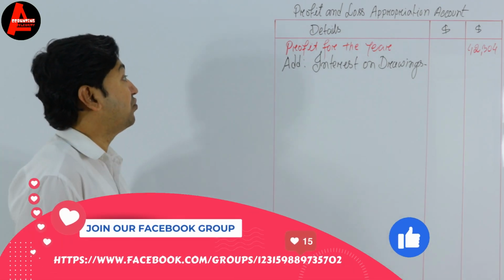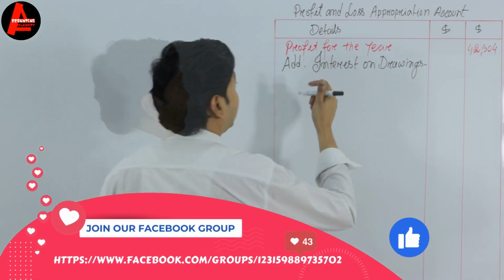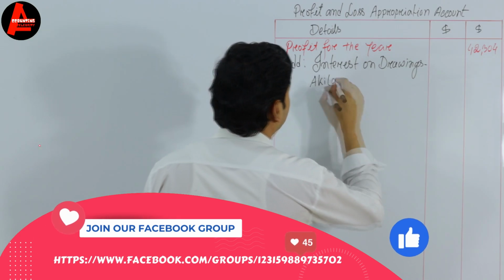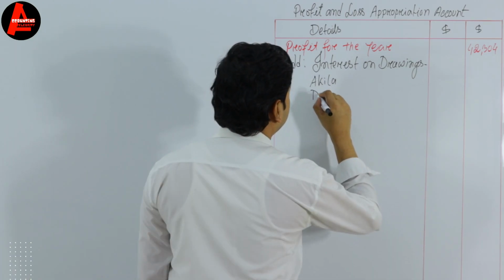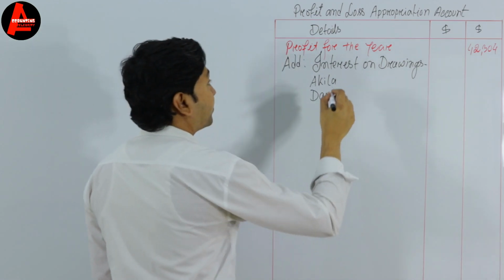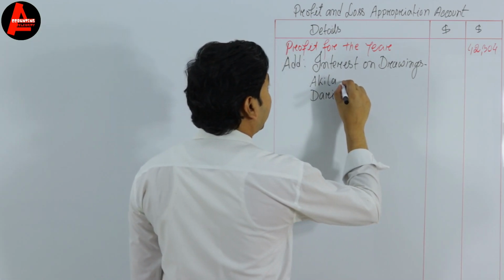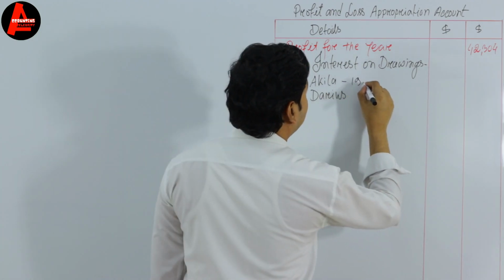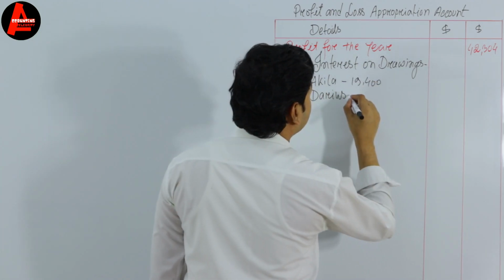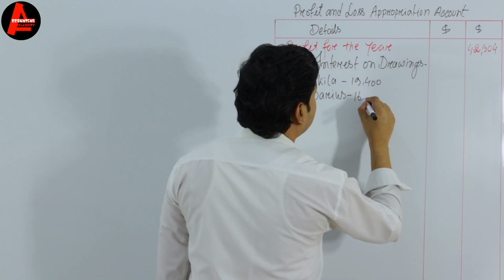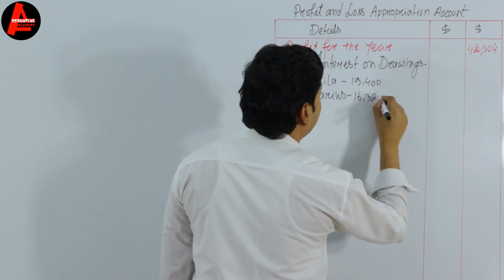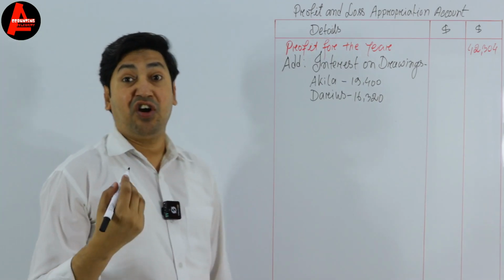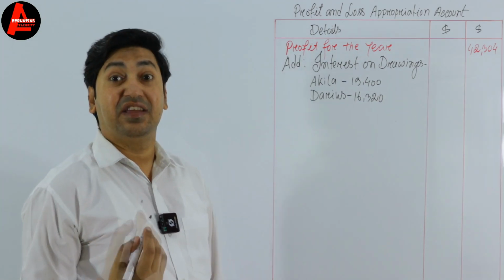So we have two partners, Aquila and Darius, with Aquila's drawings of $19,400 and Darius's drawings of $16,320.